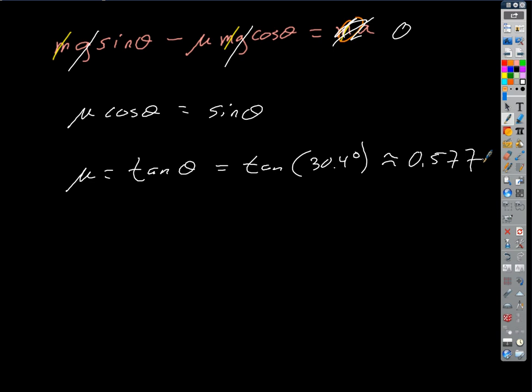So it's the ratio of the parallel divided by the perpendicular, right? Doesn't that make sense? As the slope gets steeper, the parallel component is going to get larger, and the perpendicular component is going to get smaller. Everybody see that?